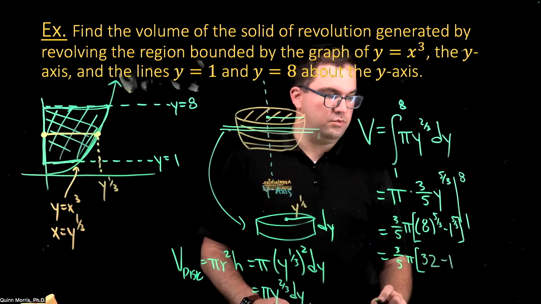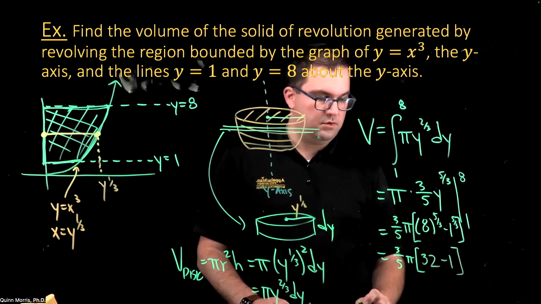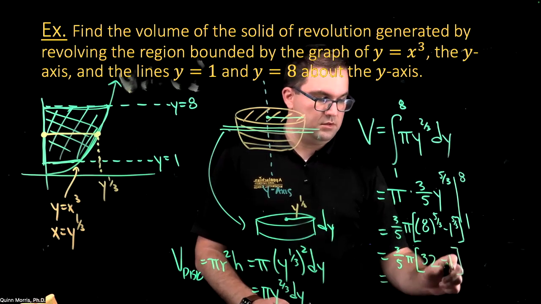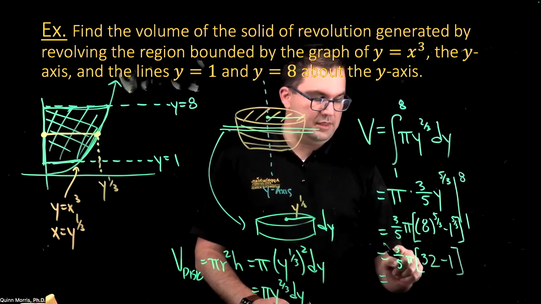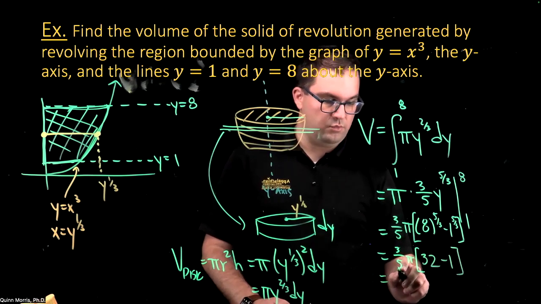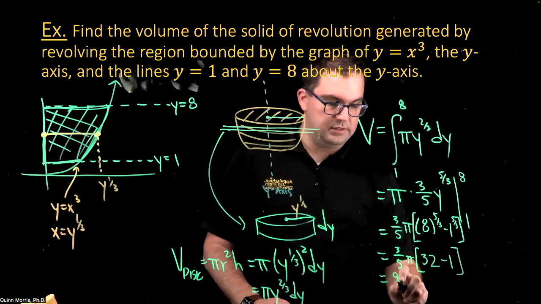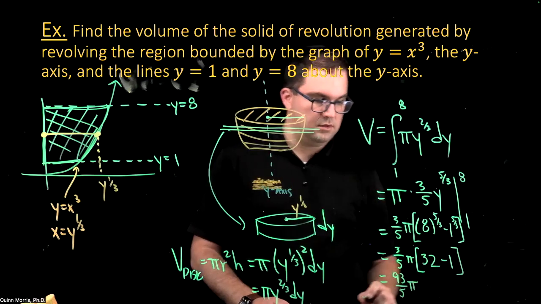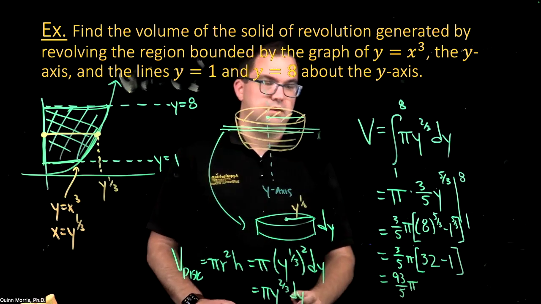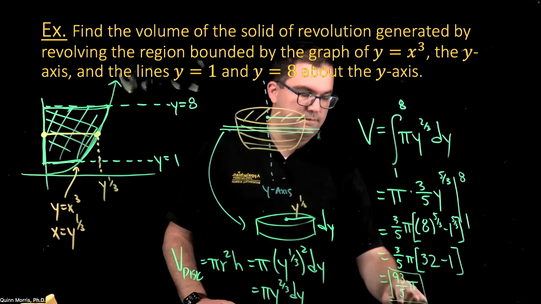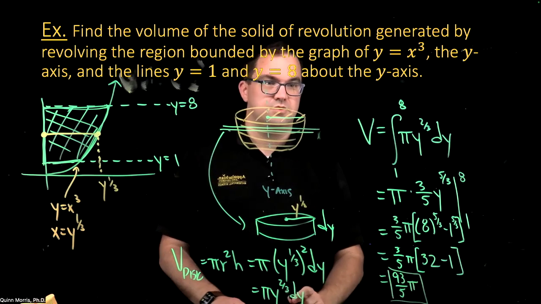So it's 32 minus 1, or 31. So if that's 31, and then I'm going to multiply by 3. 31 times 3 is 93/5 pi. And so there is my final answer in terms of the volume.